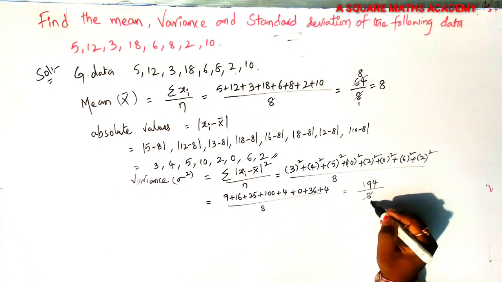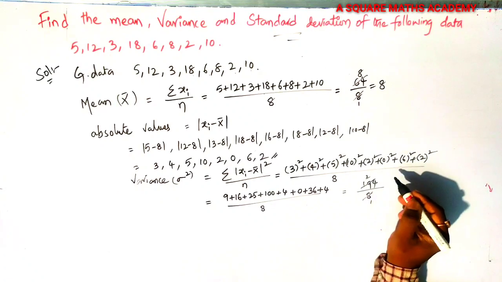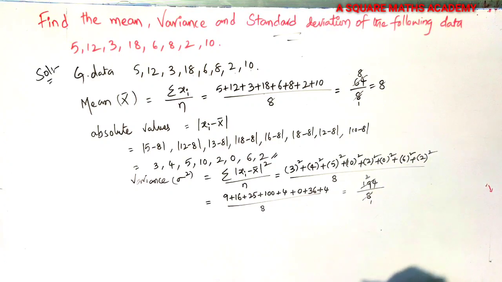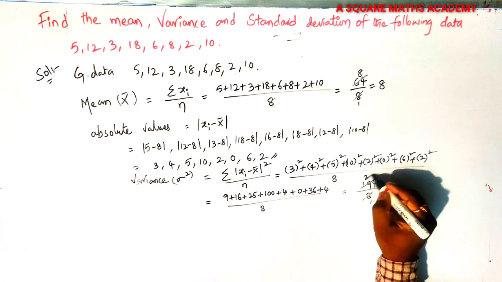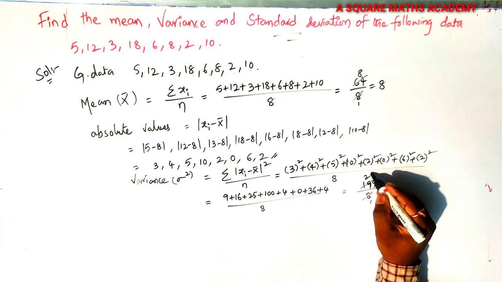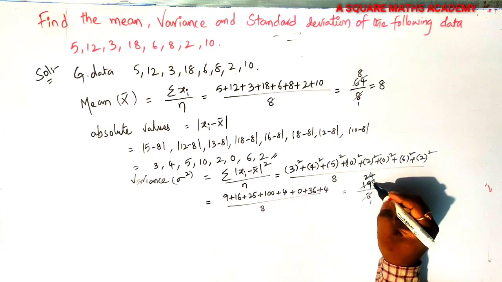Okay, so 8 ones are 8, 8 twos are 16. So remaining 3 we get here. 8 fours are 32. So 34 is there, 32 we get here.